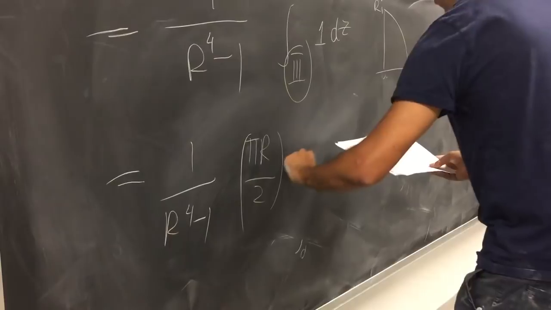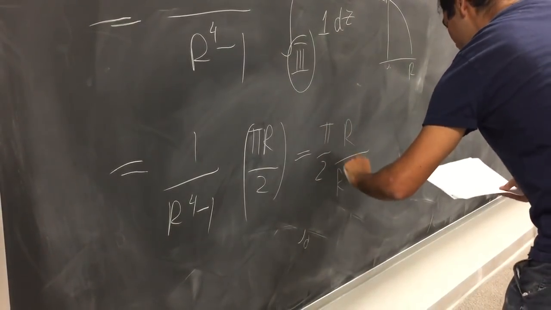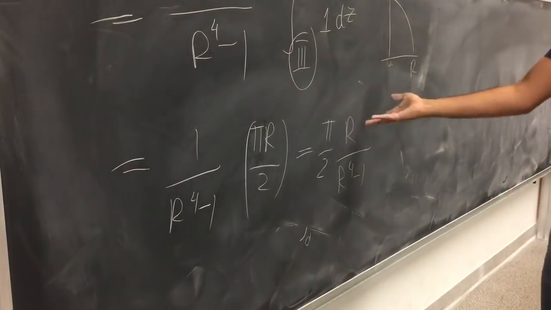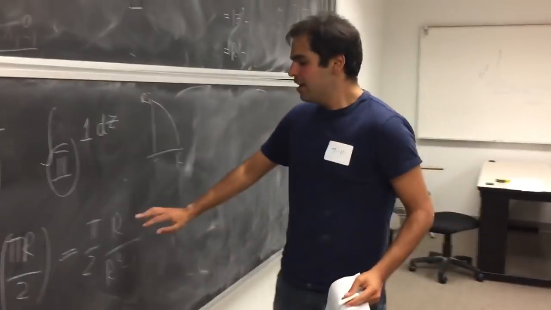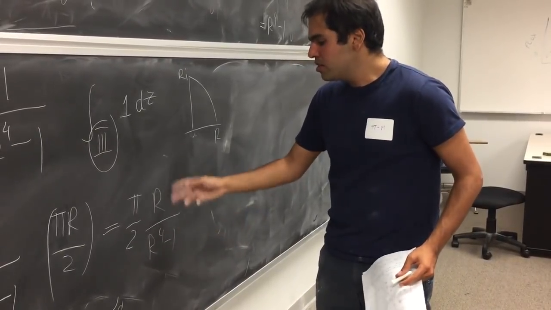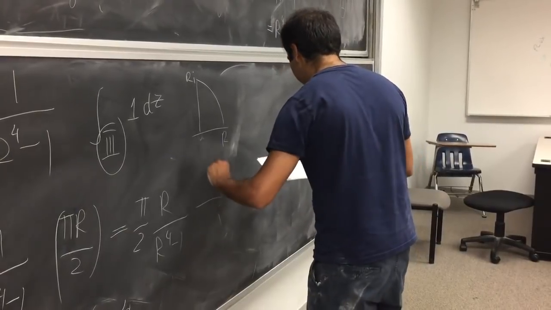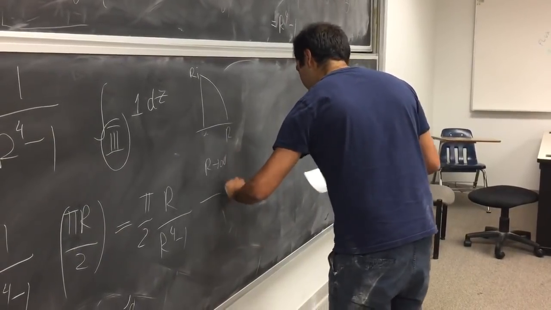So we get pi over 2 times r over r to the 4th minus 1. And if r goes to infinity, this is like r over r to the 4th, 1 over r cubed, and that goes to 0 as r goes to infinity.